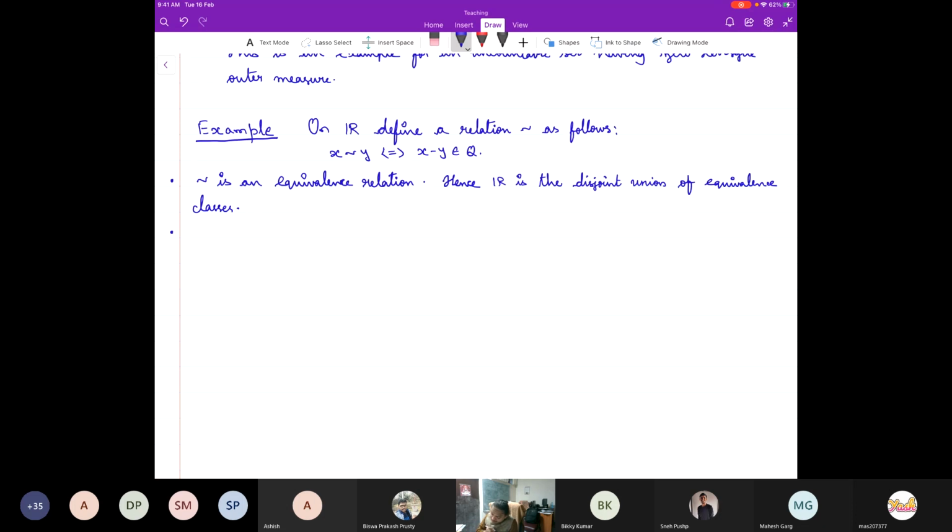So now we want a set E. Let E be a subset of 0, 1 such that its intersection with each equivalence class is a singleton.